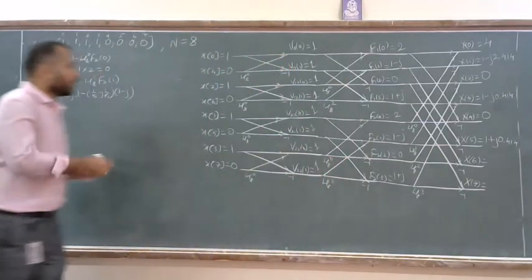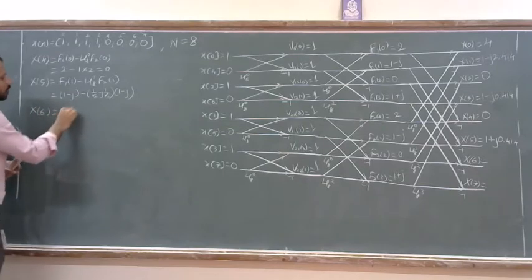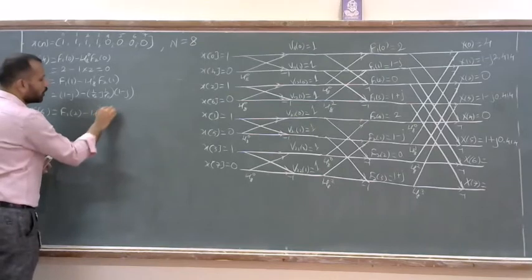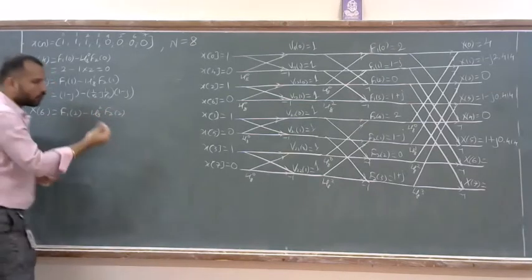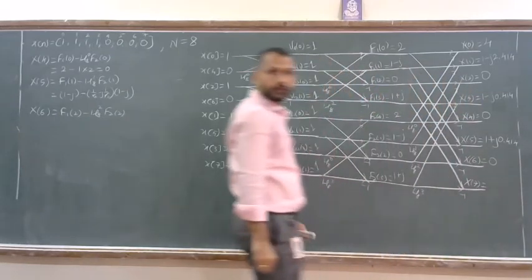Okay. And likewise, x of 6. x of 6 will be f1 of 2 minus W8^2 f2 of 2. f1 of 2 and f2 of 2 both are zeros, so its value will be 0.